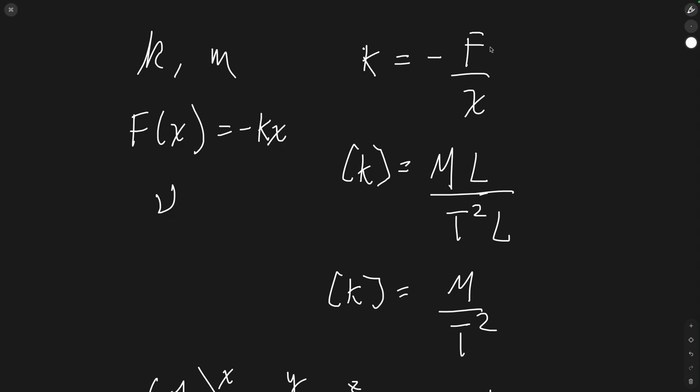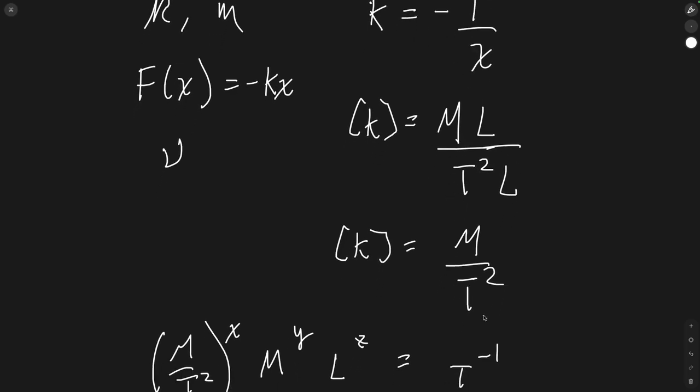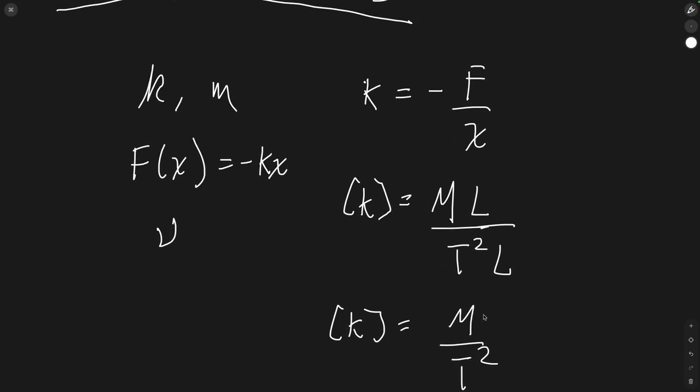F comes in mass times acceleration. So here's mass, m, times acceleration, L over t squared. And x comes in length. So the lengths divide out, and we have mass over time squared. So hopefully that helps. Okay, now let's do a walkthrough of the solution.